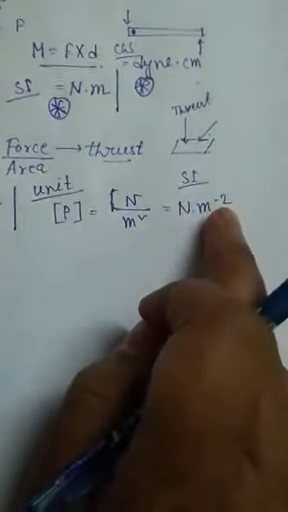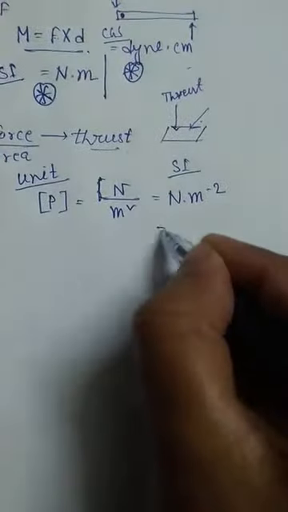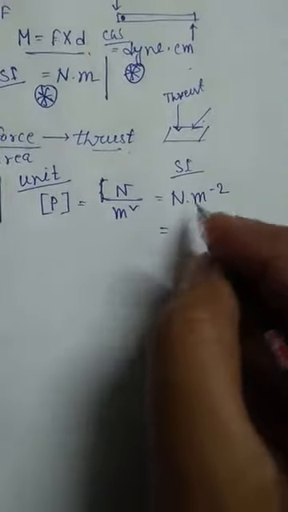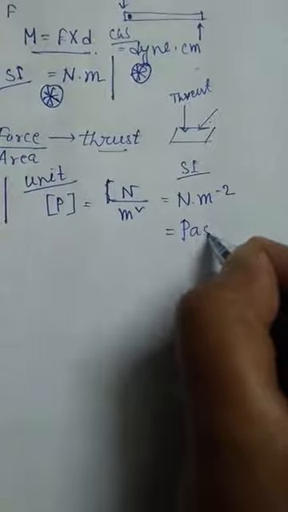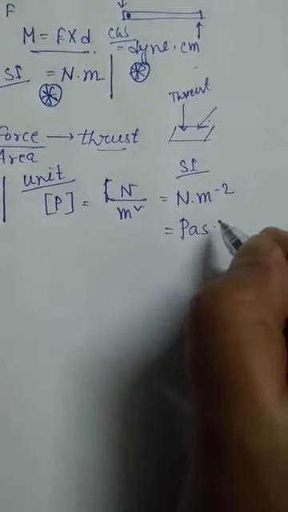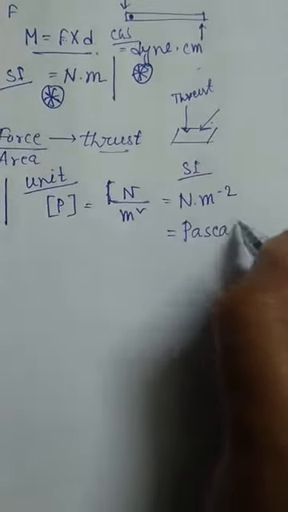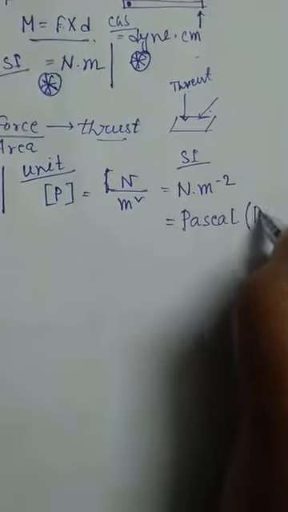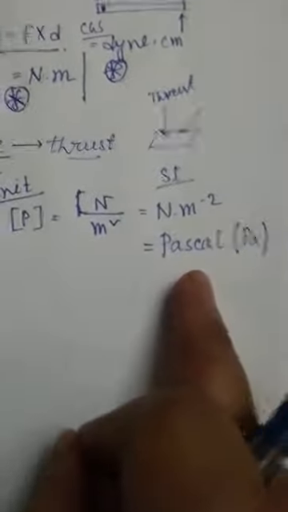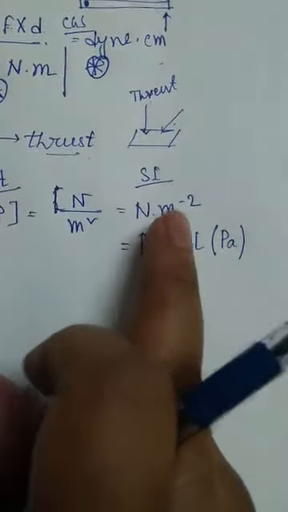This Newton per meter square is known as Pascal, sometimes denoted by Pa. So this is Pascal, and it has another form, Newton per meter square.